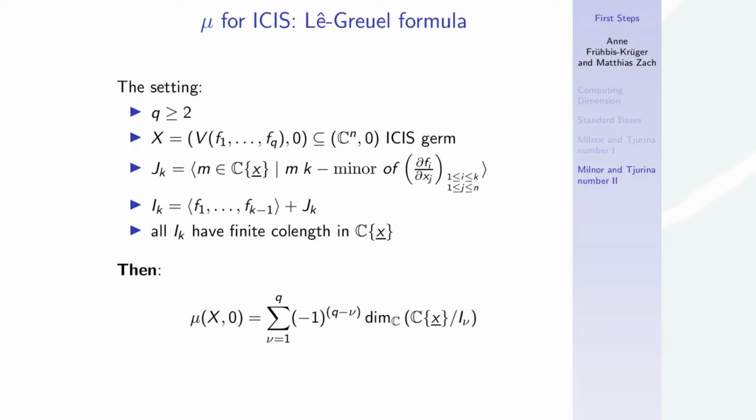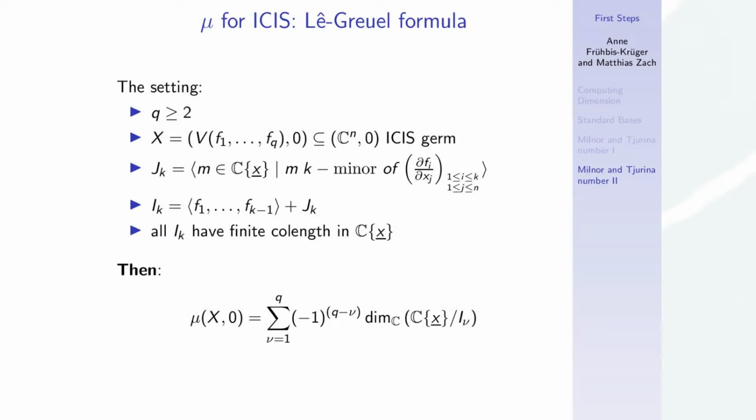If we satisfy the setting, then we can compute the Milnor number of our isolated complete intersection singularity at the origin as the alternating sum over the dimensions of the power series ring modulo the ideals we have just defined.